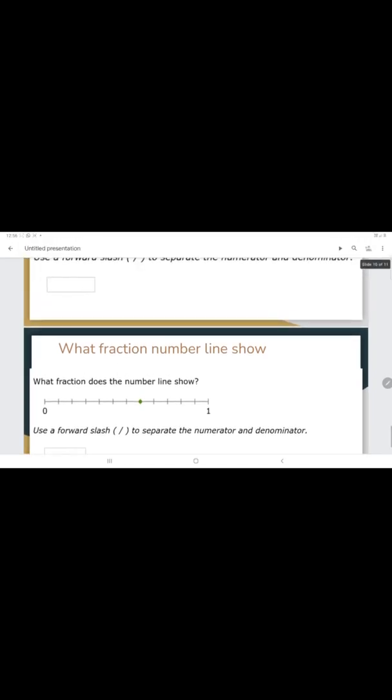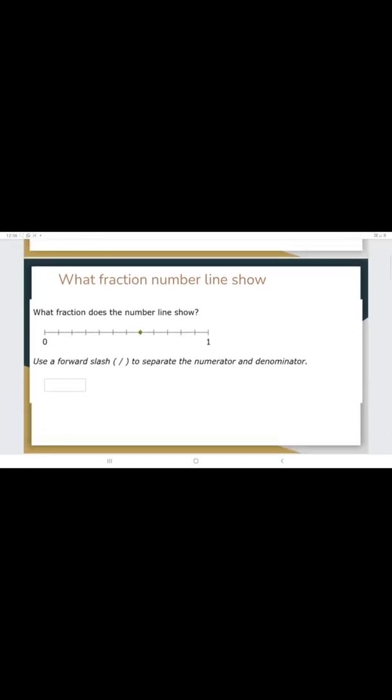So this is our last question, guys. What fraction does the number line show? You can see there is one number line. Here you can see there are some slashes. So we will count 1, 2, 3, 4, 5, 6, and here is 7.